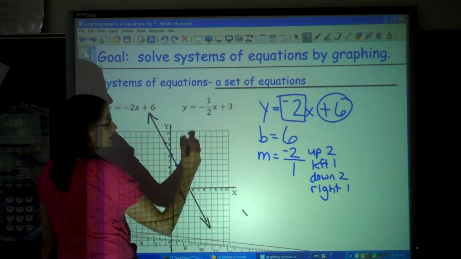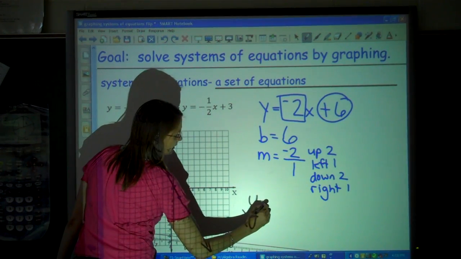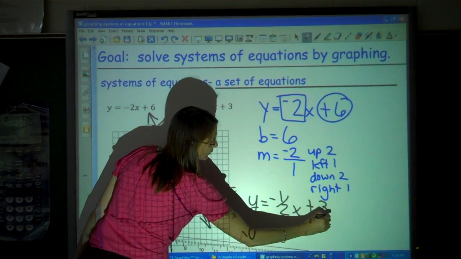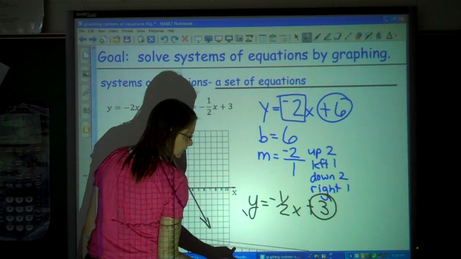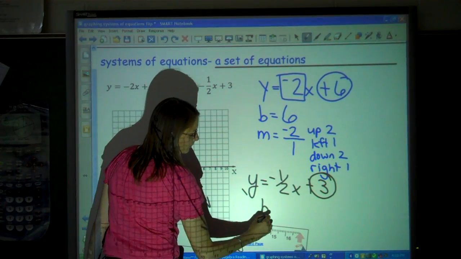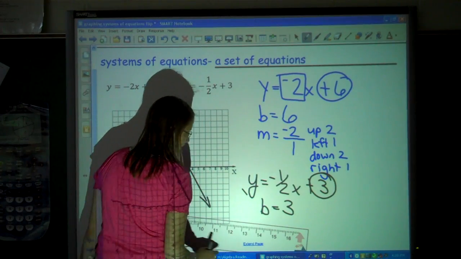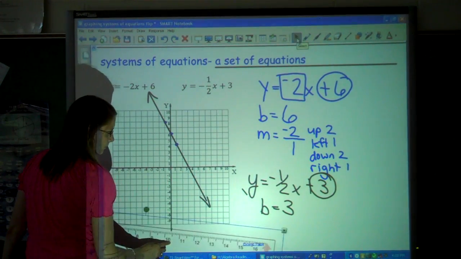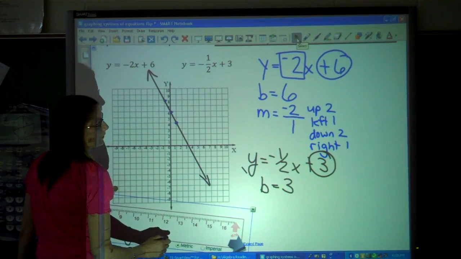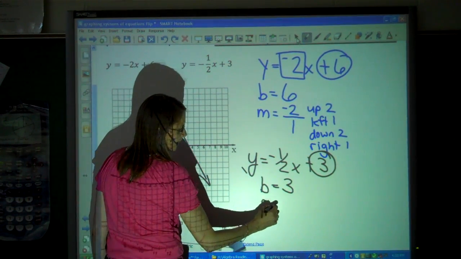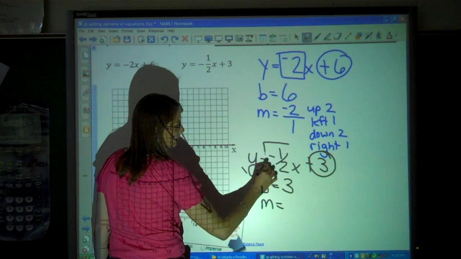And now I'm going to do my second equation. y equals negative 1/2 x plus 3. Remember, this is my y-intercept, plus 3, which is the same thing as a positive 3. And then my slope, which is my m, is negative 1/2.